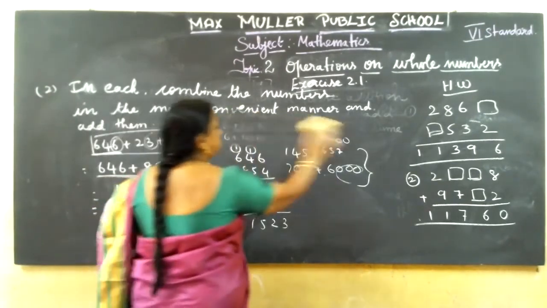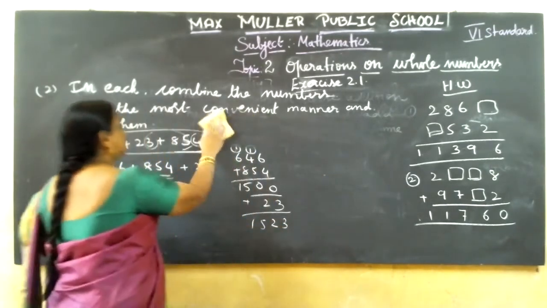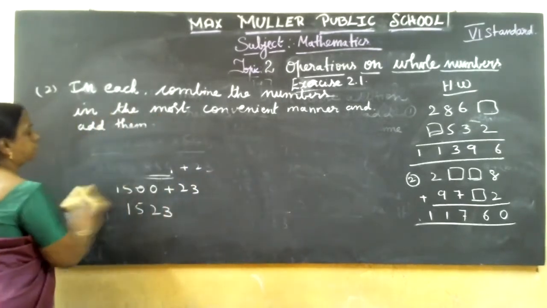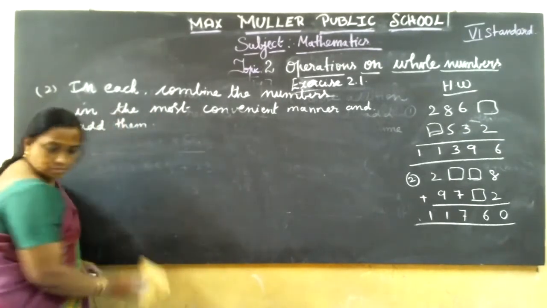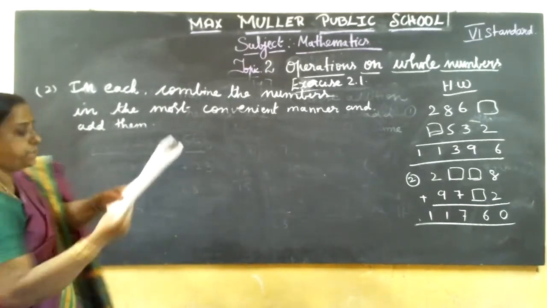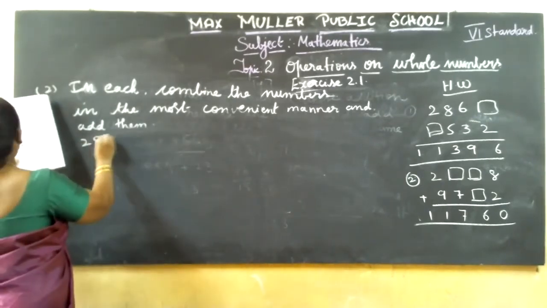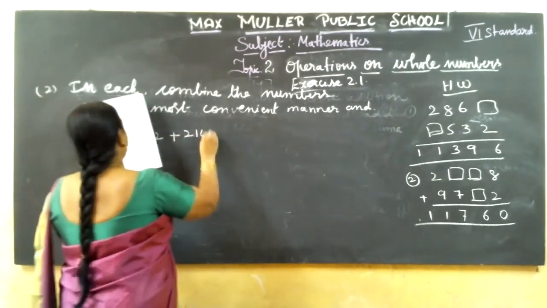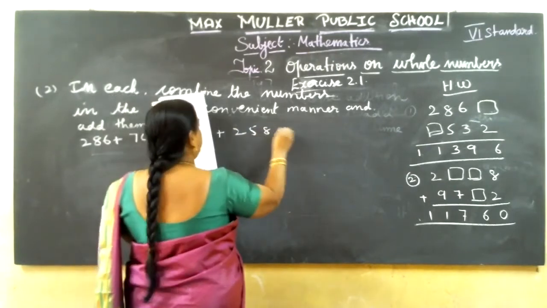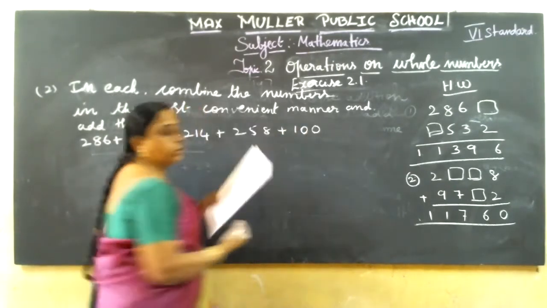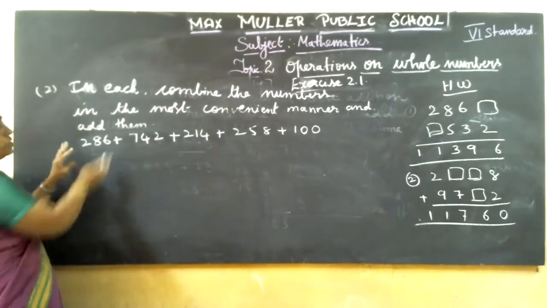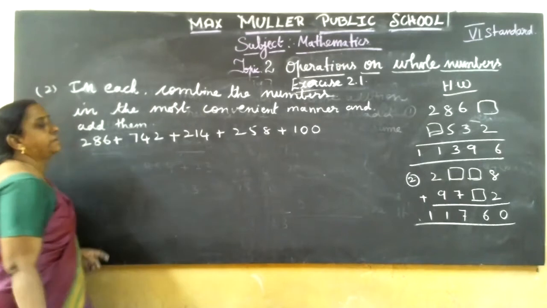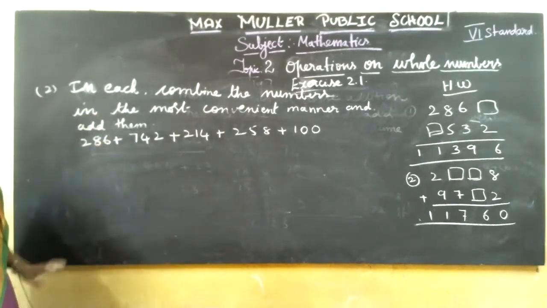Then see one more sum I'll solve, then you can understand. So next question. I'll take more numbers and show how to group. See, for example, if the question is 286 plus 742 plus 214 plus 258 plus 100. If you don't know the property, you will just add all the numbers. But you can arrange this in a convenient manner.